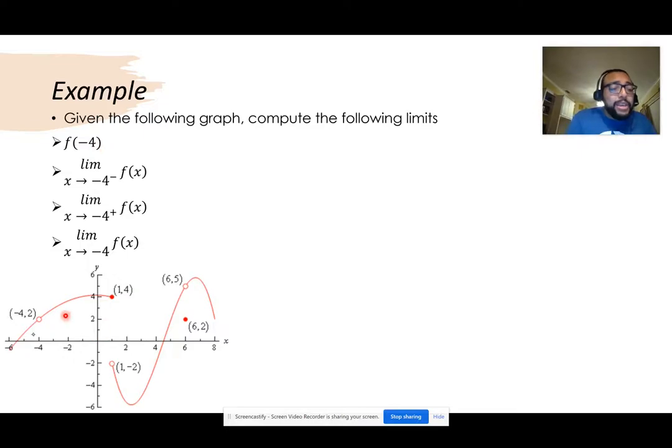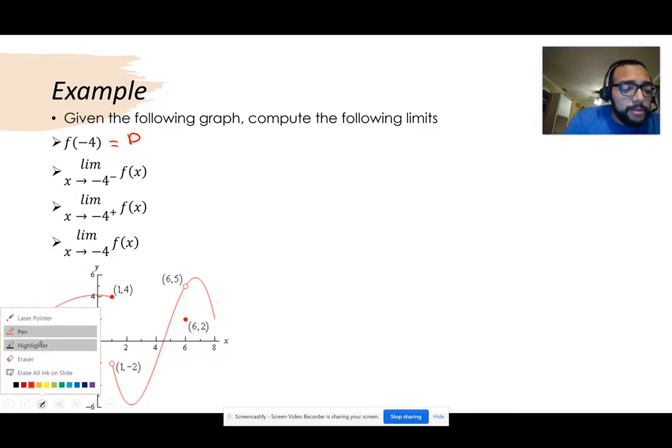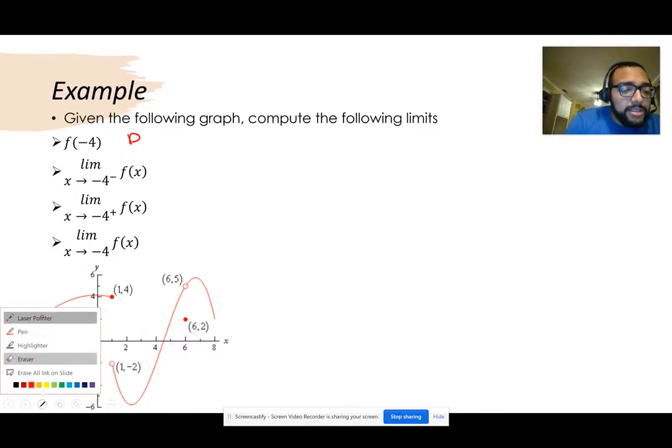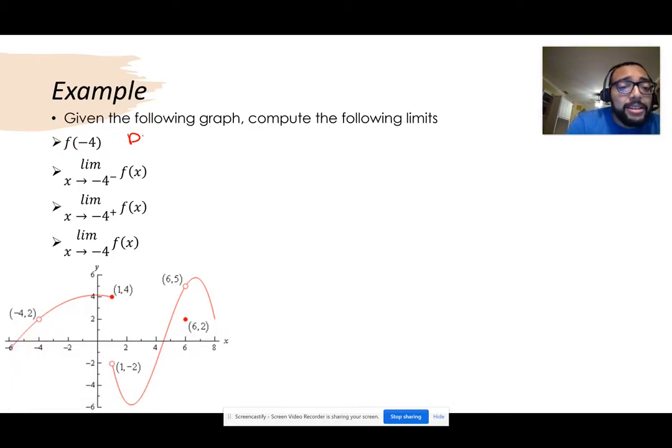Okay, so here on my graph, we've got a -4 right here. There's an open dot right there. So since there's an open dot, regardless of a little discontinuity, this would actually mean f of -4, I shouldn't say equals, my bad, but f of -4 does not exist.